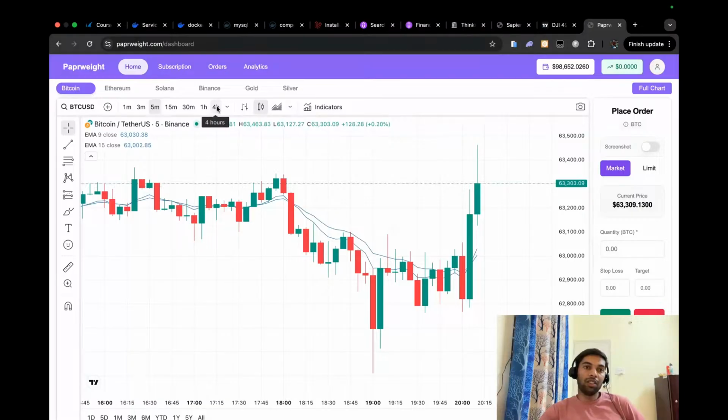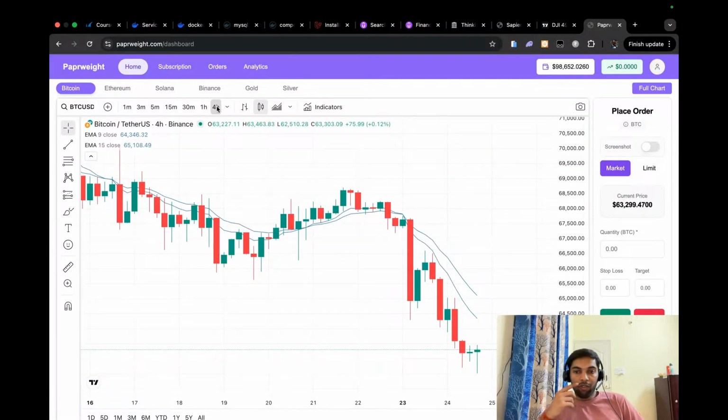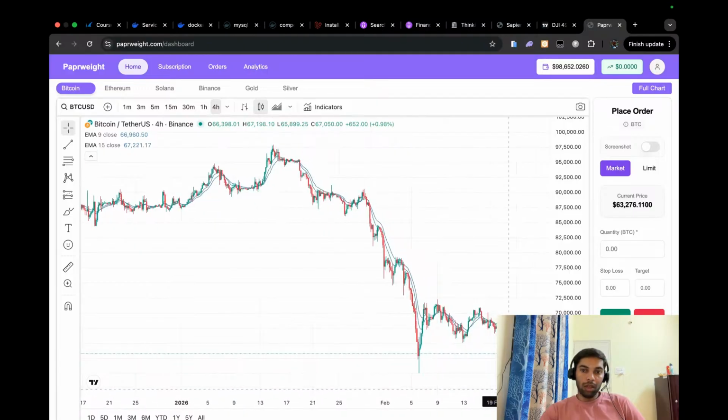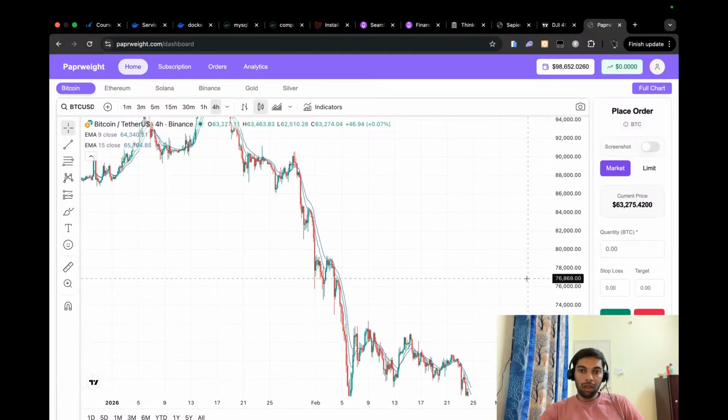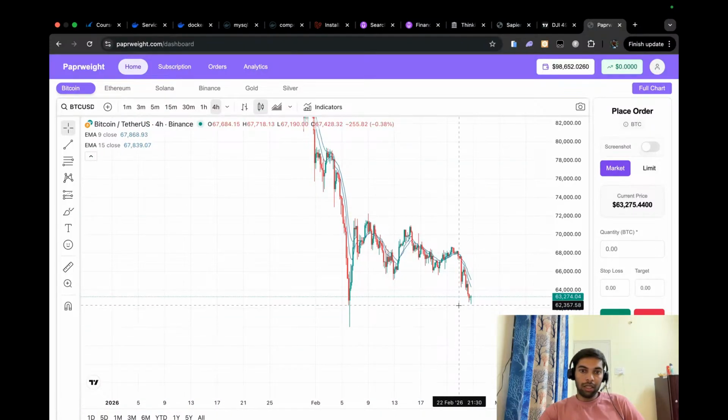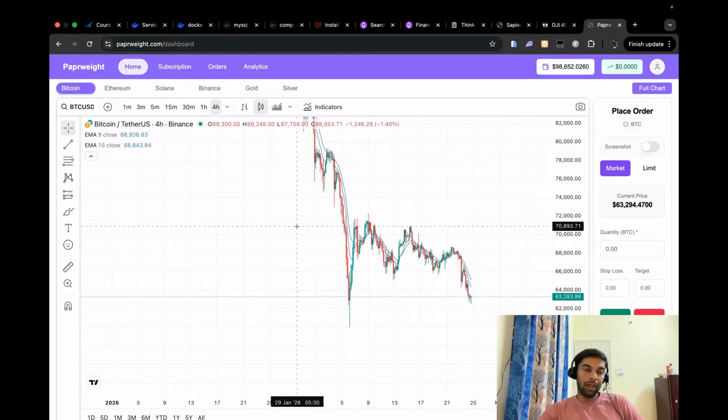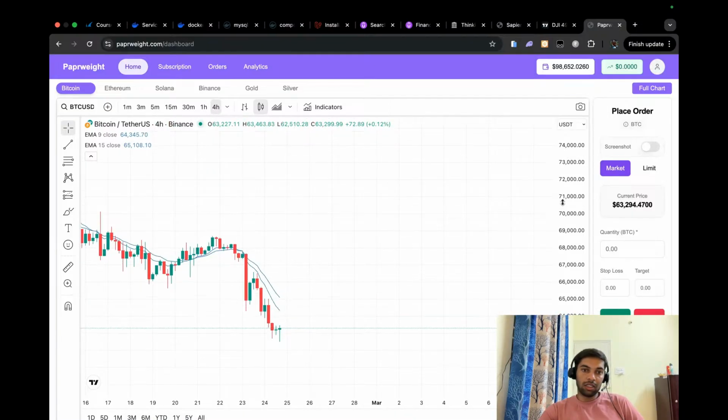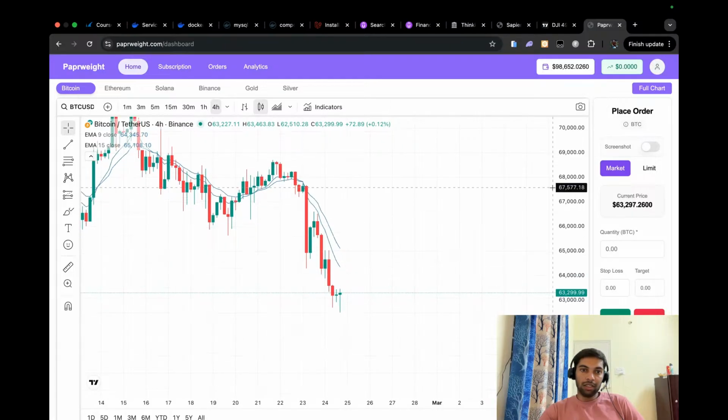Let's see how it is performing on the 4 hour time frame. At the 4 hour time frame, you can see that the market is super duper bearish. But there is a buying zone over here, and I think for the past couple of hours, the market is making dozy candles here.